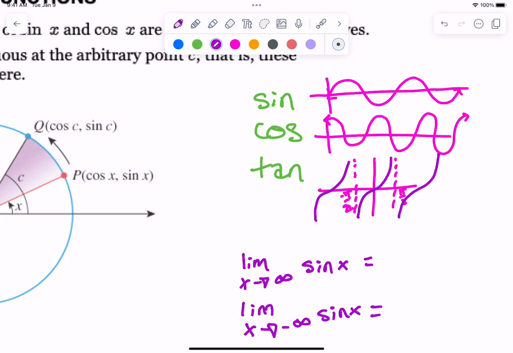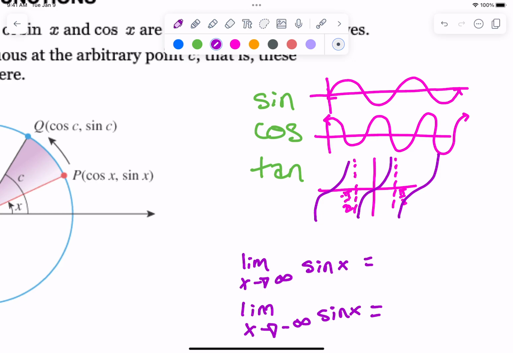He doesn't go up forever, he just keeps doing this. It goes up and down, but he never gets smaller toward zero. He's going to oscillate forever between negative 1 and positive 1. So what's the limit?